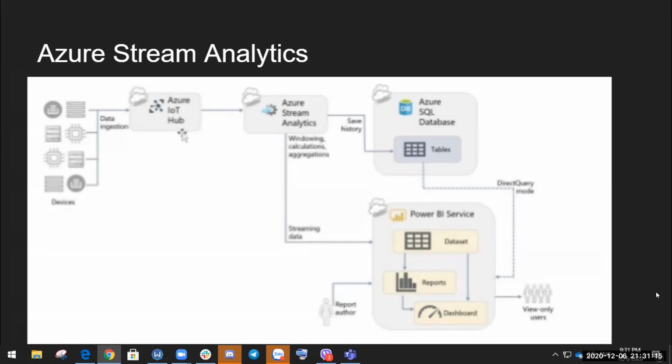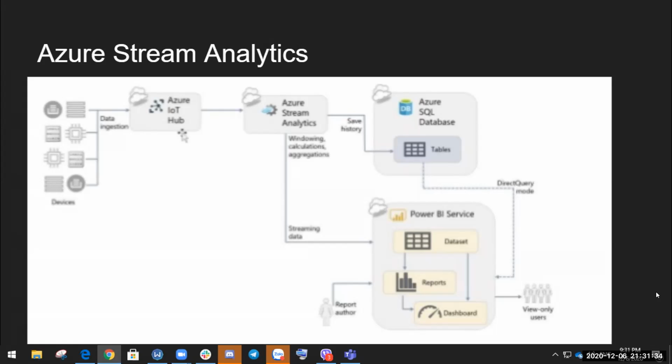Then you can use Stream Analytics. And you can do so much with it, like help to control and detect anomalies with Stream Analytics and AI in Cognitive Services.